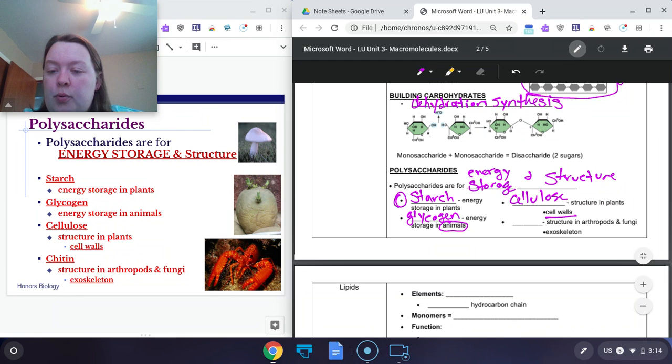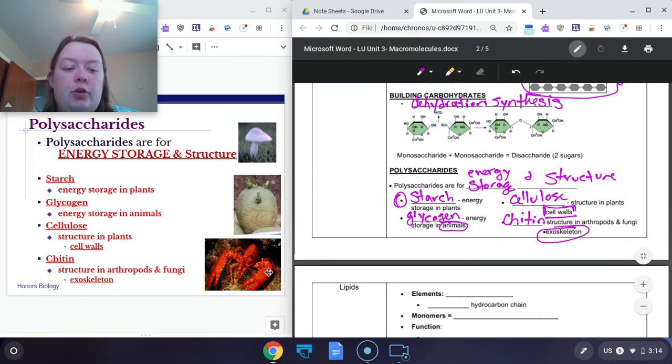And the last one that you probably haven't heard of, but you're familiar with, is a polysaccharide called chitin. Chitin is found in any type of organism that contains an exoskeleton.